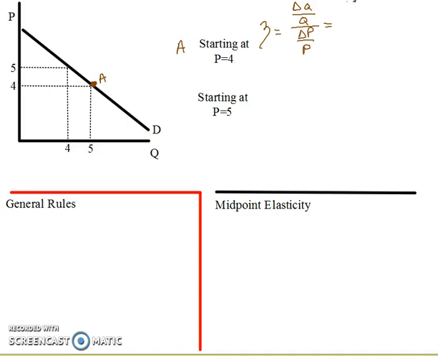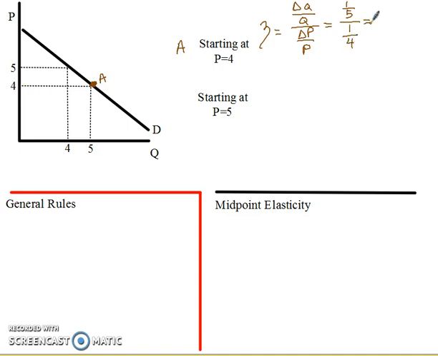The change in the quantity was 1, divided by the starting quantity. When we started at this point A, the starting quantity was 5. So it's 1 divided by 5 in the numerator, and then our denominator is the change in price over price. The price went up from $4 to $5, so the change in price was 1, and the starting price of point A was 4.